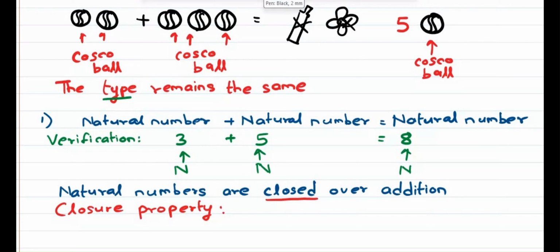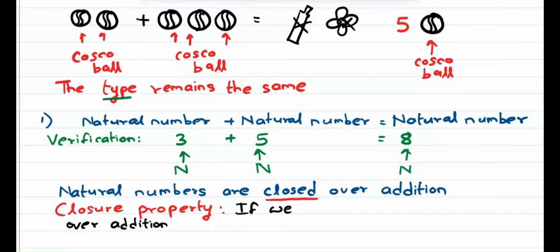What does closure property say? Let's be very specific. What does closure property over addition say?